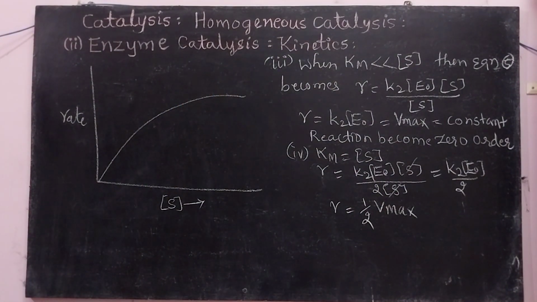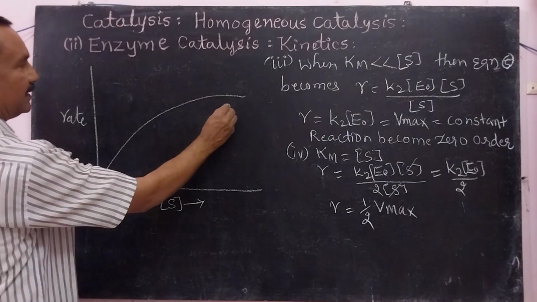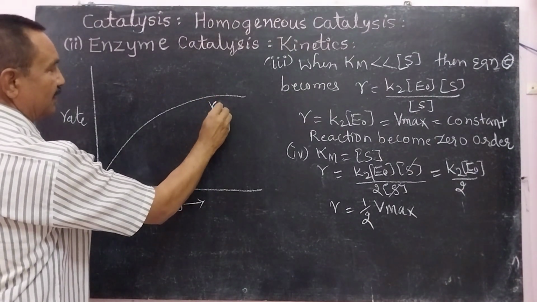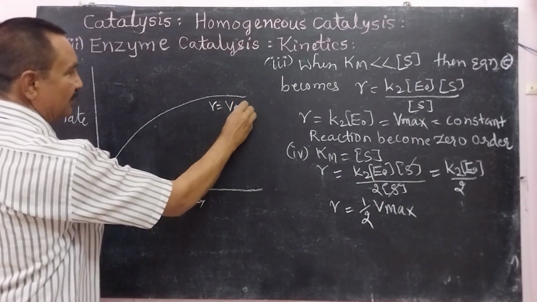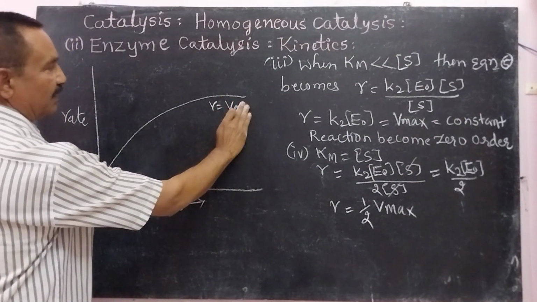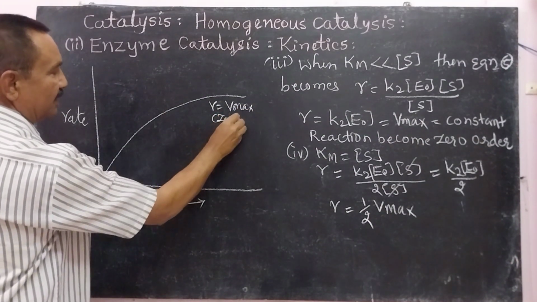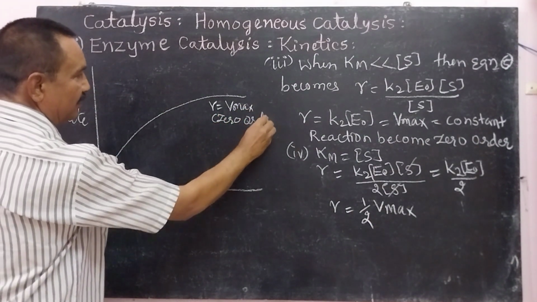Now when the rate is maximum, R equals Vmax, and in this condition it is zero order.